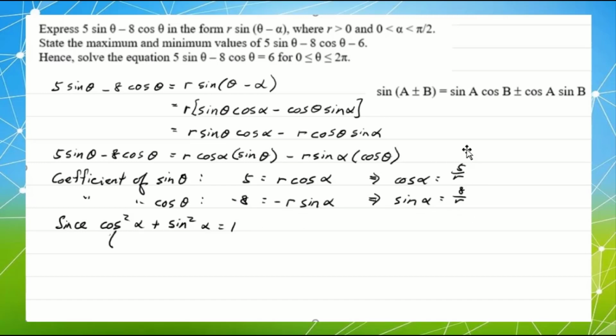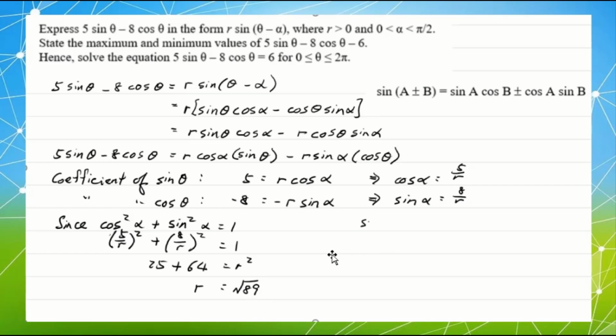Now we substitute this value into the equation. Therefore, we will get 5 over r squared plus 8 over r squared equals 1. Then when we simplify, we will get 25 plus 64 equals r squared. Then r is equal to the positive value, square root of 89.